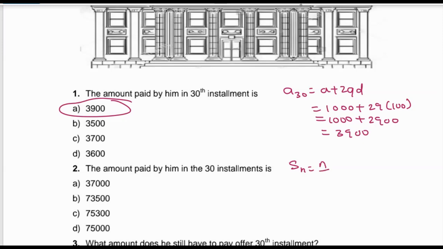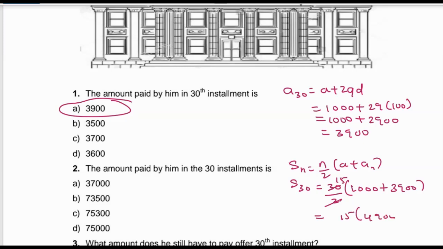S30 will be n by 2 times a plus an. So 30 by 2 into a, which is 1,000, plus a30, which is 3,900. So this will be 15 times 4,900. So when you multiply, you get 73,500. So the answer is 73,500.